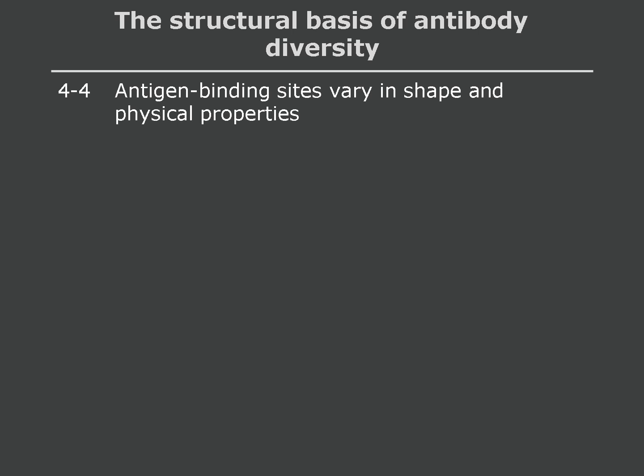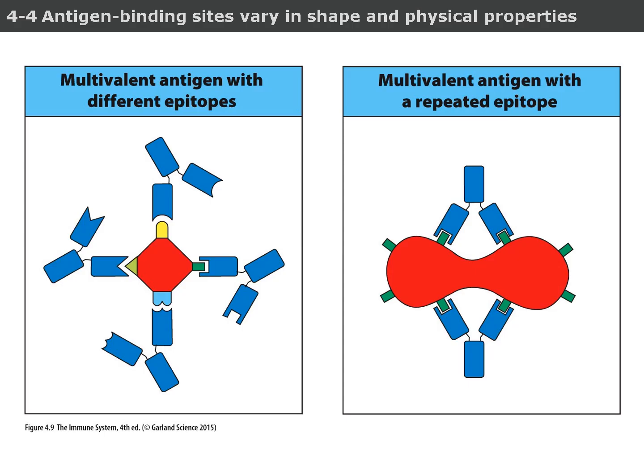Antigen-binding sites vary in shape and physical properties. This figure demonstrates how antigen-binding sites can interact with antigens of varying shapes and epitope compositions. On the left side, we see a multivalent antigen containing different epitopes. Each distinct shape represents a unique epitope, and multiple antibodies bind to this antigen through their complementarity determining regions, with specificity for each epitope.